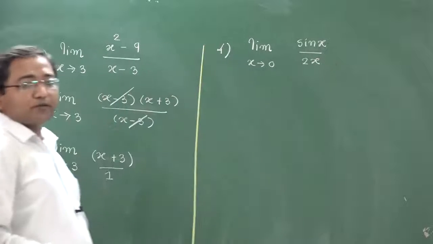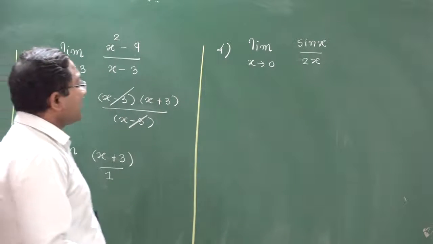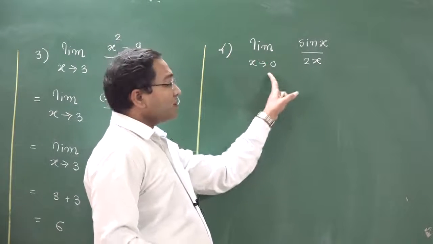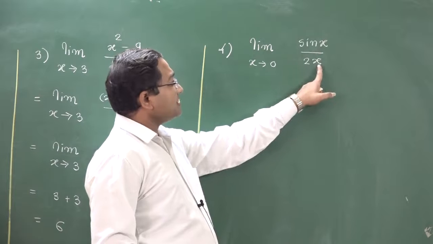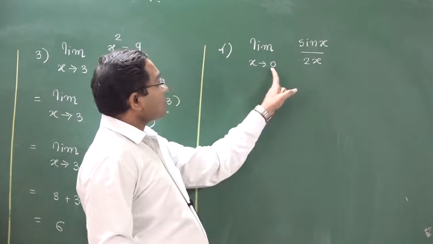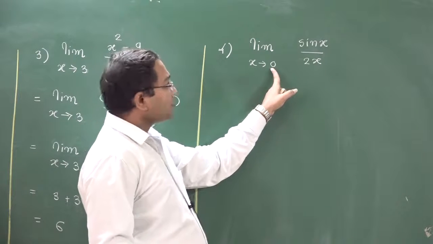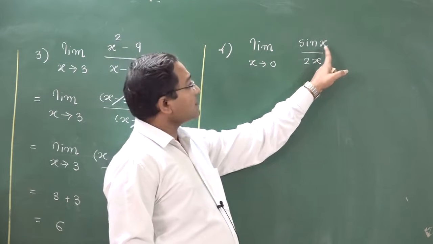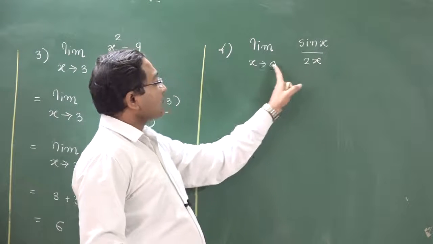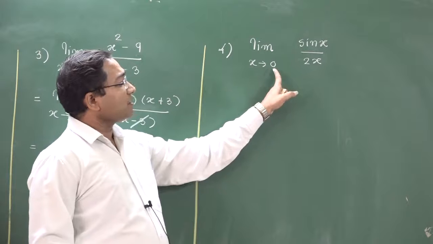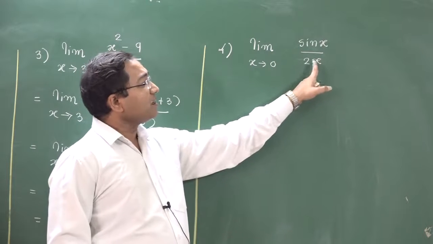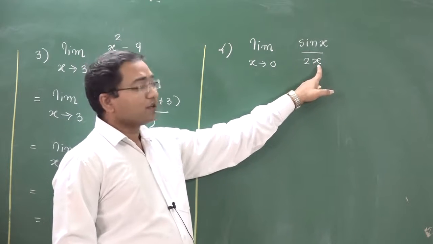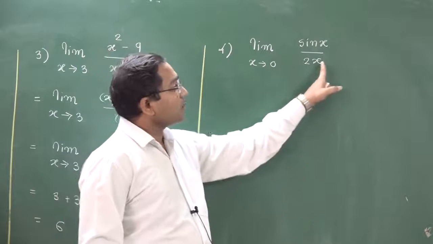In this case, first we substitute directly x equal to 0 in the numerator. So we get answer 0 because sin 0 equal to 0. Substituting x equal to 0 in the denominator, we also get 2 into 0 equal to 0. So that also becomes 0.